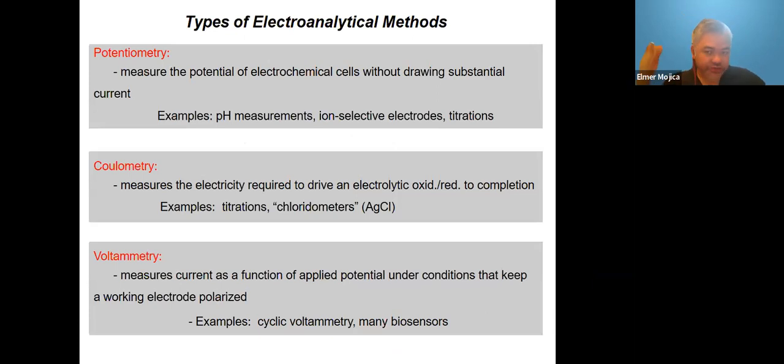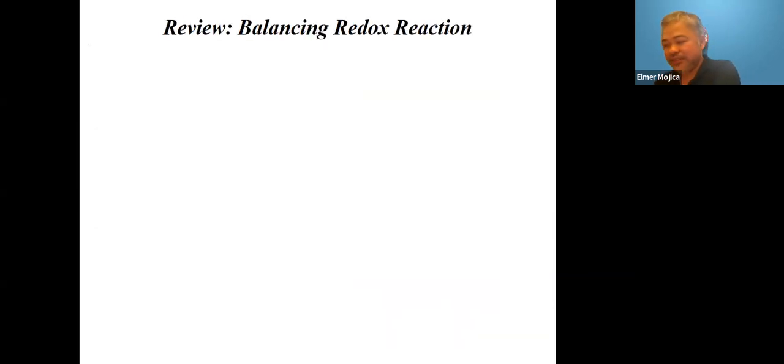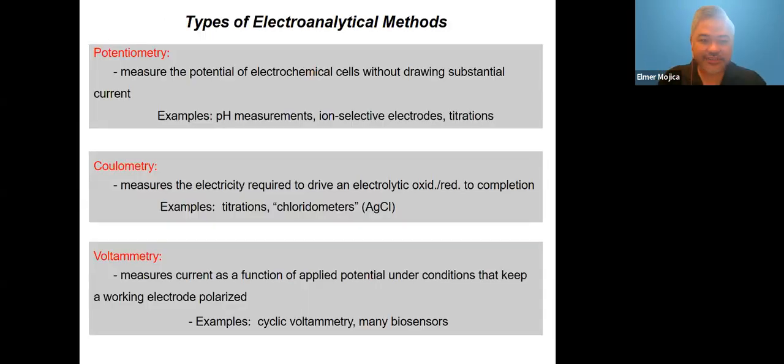And just to give you an idea what these three methods are before we go back to that most likely next meeting. Okay? So meron tayong tinatawag na potentiometry. So it measures the potential of electrochemical cells without drawing substantial current.